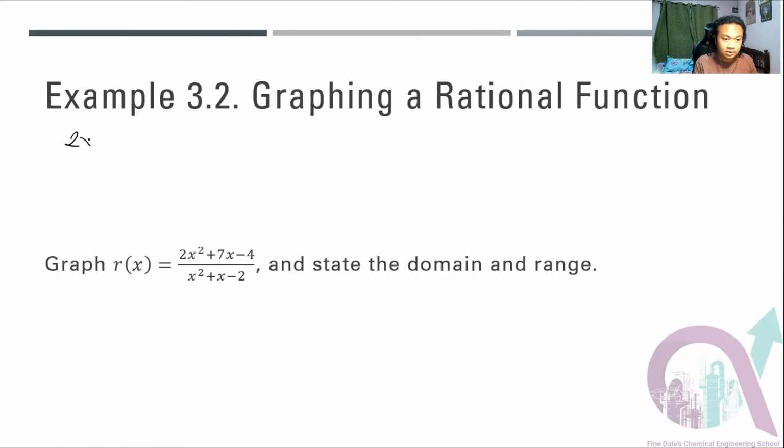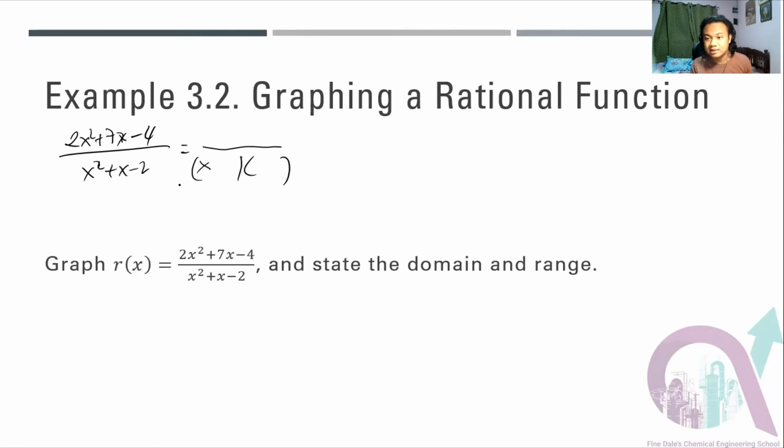We have 2x squared plus 7x minus 4 over x squared plus x minus 2. The denominator is very easy to factor. You just have to find the product, right? Negative 2 here, so we multiply by negative 2 so that when we add them, the result is positive 1. So that's easy, right?